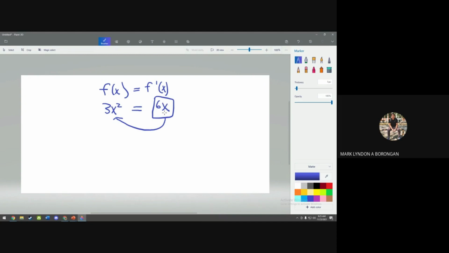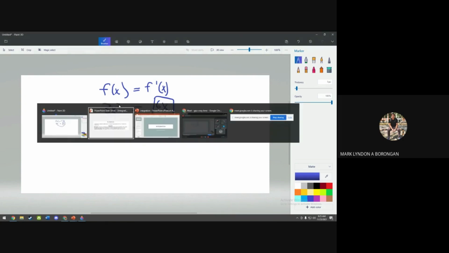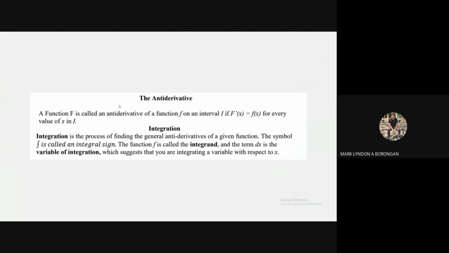From 6x, how do you bring it back into 3x squared? To do this, you'll have to use integration. If you use integration, you can get it back to its original form.